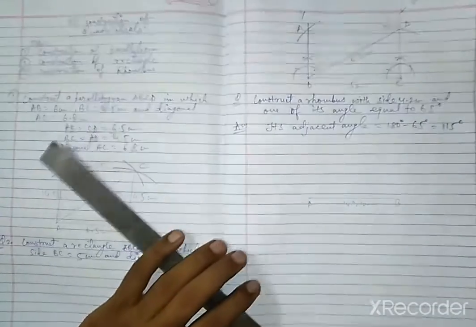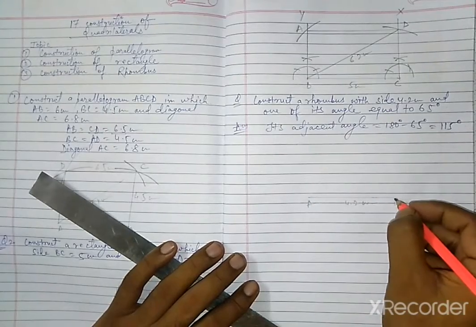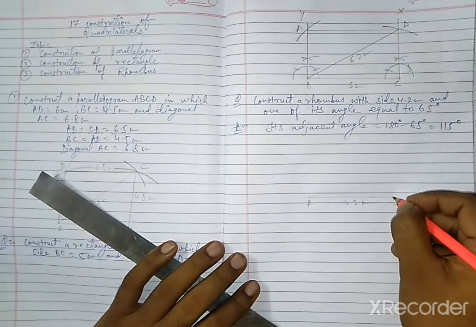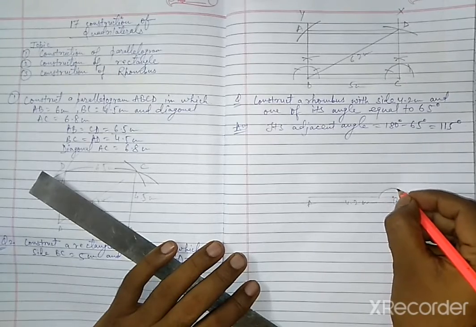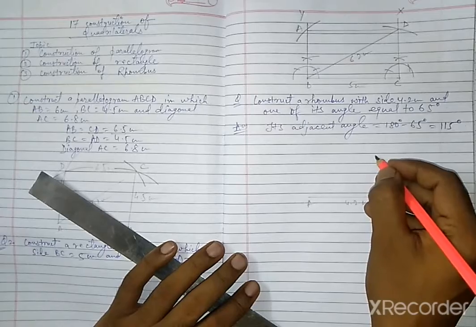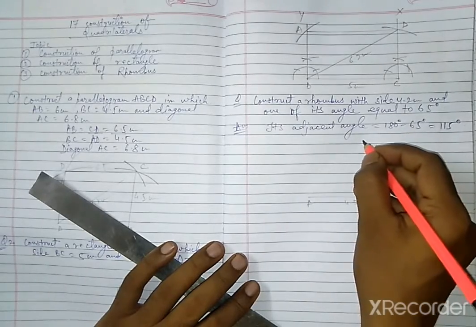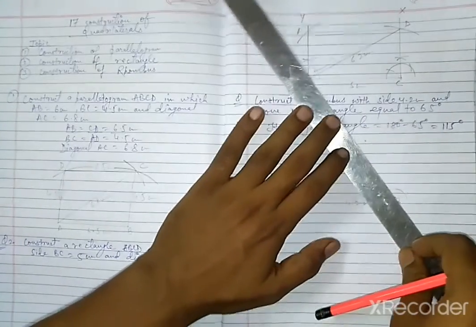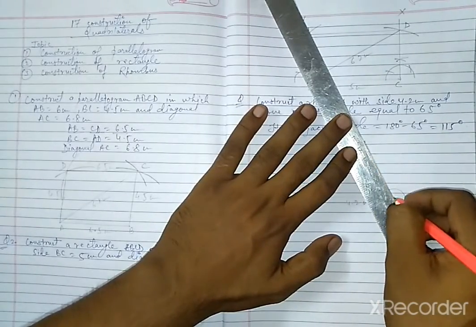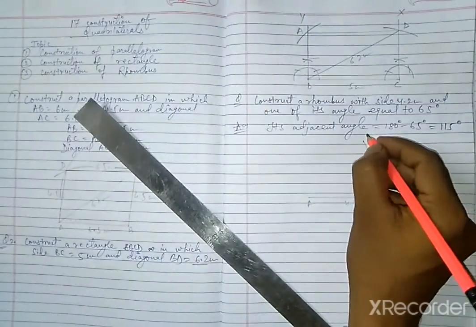Now with the help of a protractor we will put it at point B and measure 65 degree. Let's suppose 65 degree will be here. Now I will join this line. Let this be the BX line.